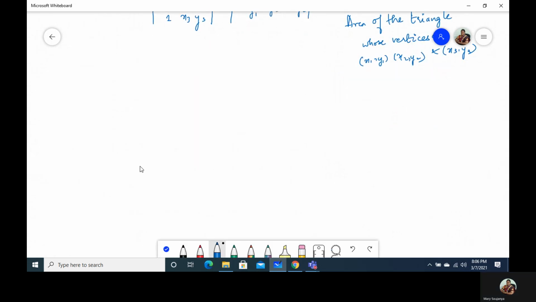Therefore, when we write down alpha 1, alpha 2, alpha 3, this will become 1 by 2A into the adjoint of the matrix.